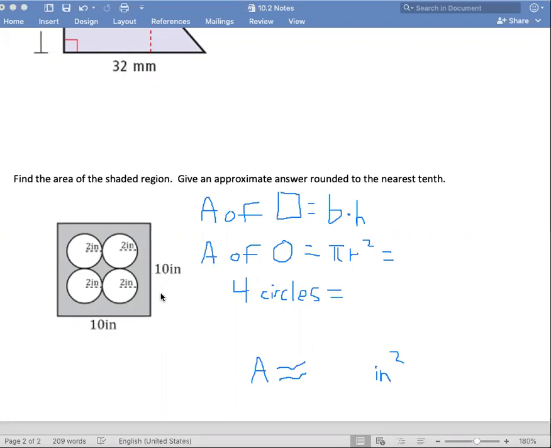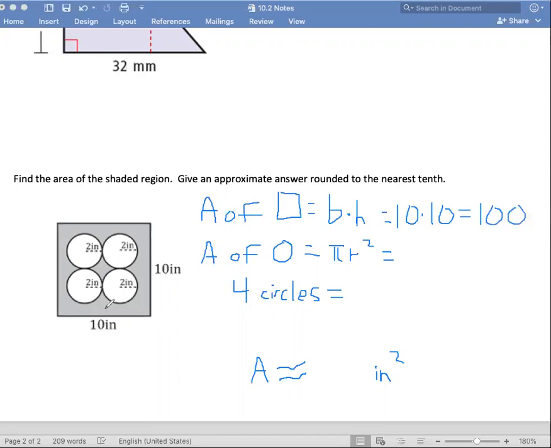So it should be fairly easy to get the area of the square. The formula for the area of a square is simply base times height. So in this case, it would be 10 times 10, and 10 times 10, of course, is 100. So just like that, we've already found the area of the square.